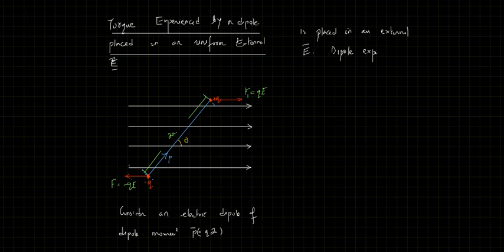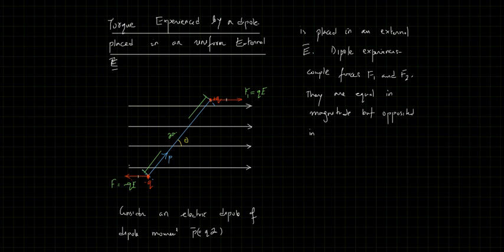The dipole experiences coupled forces. These two forces are called coupled forces, F1 and F2. They are equal in magnitude but opposite in direction, and also have different lines of action.